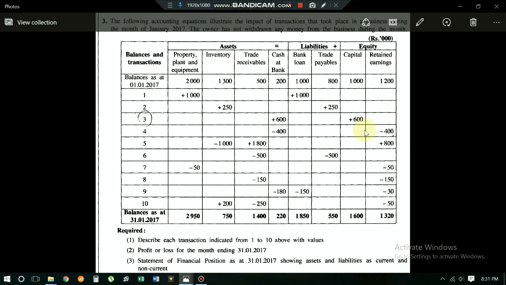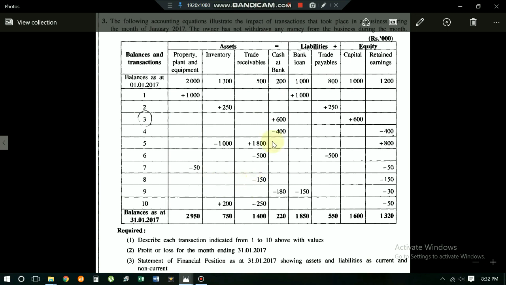But we can't take that answer, because if debtor returns some amount of stock, debtor going down, as well as my inventory going up. So there's no effect on this inventory column. That means this you have to take as bad debts.